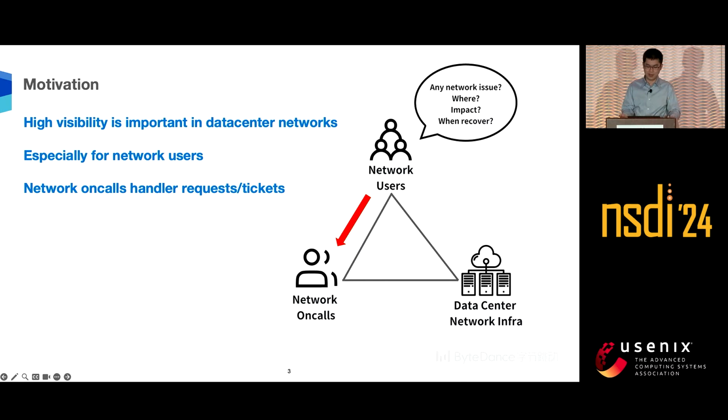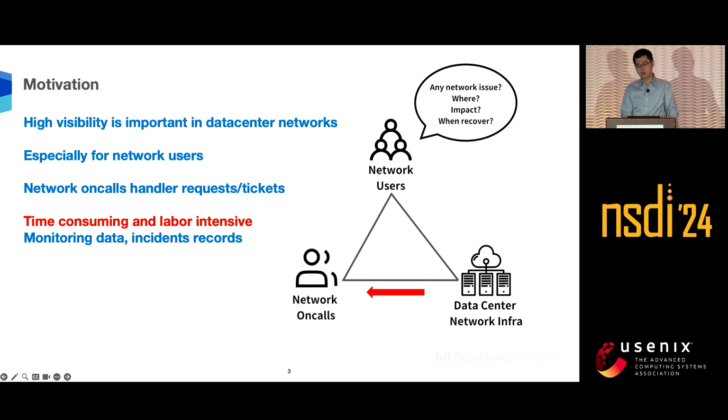They handle these on-call requests or tickets, and normally they need to finish a ticket within at least hours. In almost all big companies, they all have a standard operating procedure for the on-call. For example, they need to go through a number of different monitoring dashboards, logs, and incident records, and try to diagnose the problems and provide answers to the users.